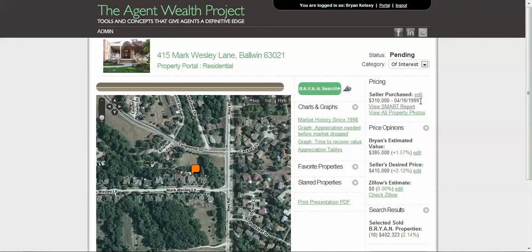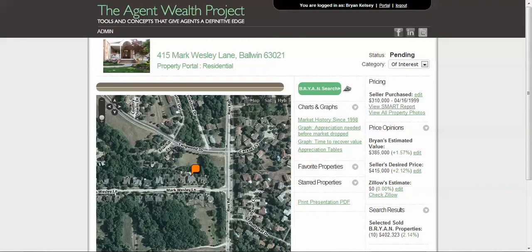We've done that several times in training with agents where they said, I know what year they bought it in, but it doesn't say the sale price because they purchased new construction. Well, you can look back at the data, it's a little bit more work, and estimate the approximate purchase price they paid way back in 95 or 99 or 2006. A little bit more work, but it's going to provide you with a tremendous amount of information.